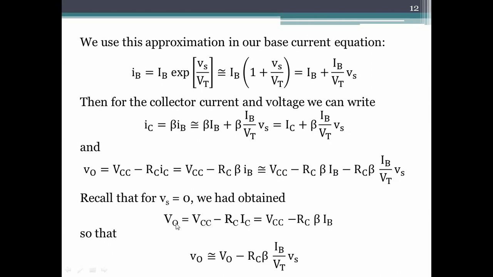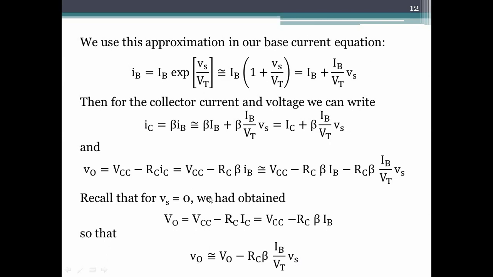So capital VO is VCC minus RC beta IB. We substitute it here, so we write small v_O equal to capital VO minus RC beta IB by Vt into Vs. So there, this is IB, this is IC, this is VO.